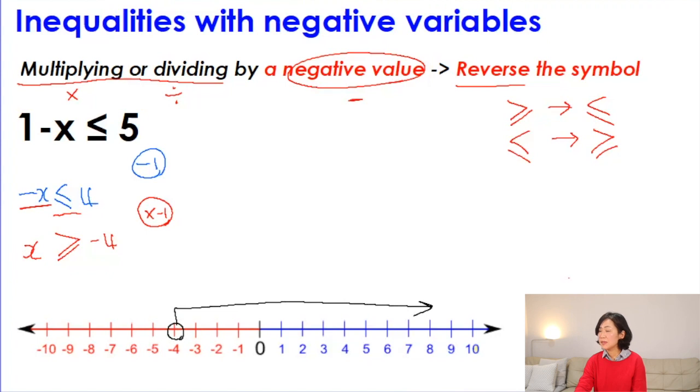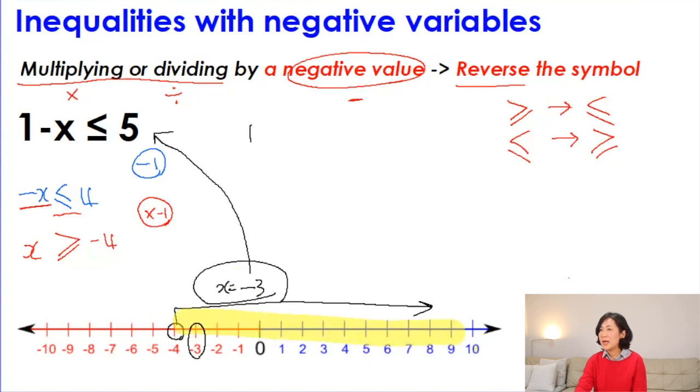Then let's double check whether it's working. I'm going to choose x equals minus 3 and see if it works. 1 take away minus 3 is 4, and that is less than or equal to 5. Yes, 5 is less than or equal to 5, right?